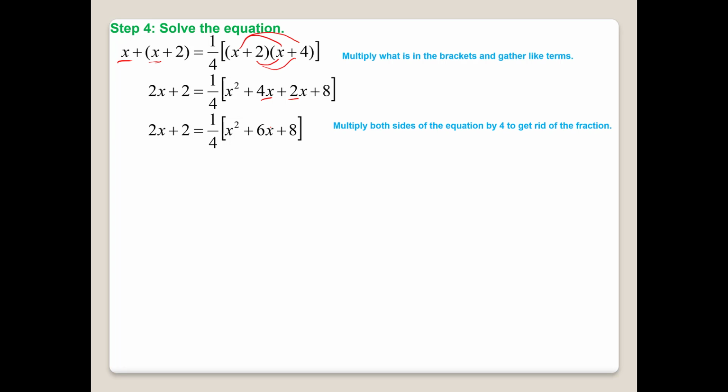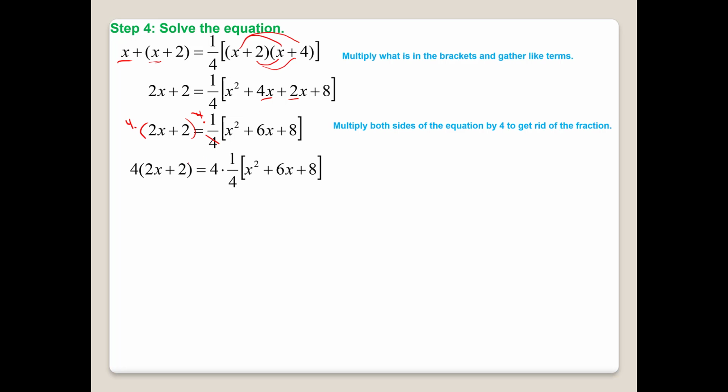So now we need to multiply both sides of the equation by 4 to get rid of this fraction. Because again, what they're saying is to multiply this side by 4 and multiply everything over here by 4 as well. So therefore, these 4's will go away and we'll be left without a fraction over there, multiplying by that group of x squared plus 6x plus 8.